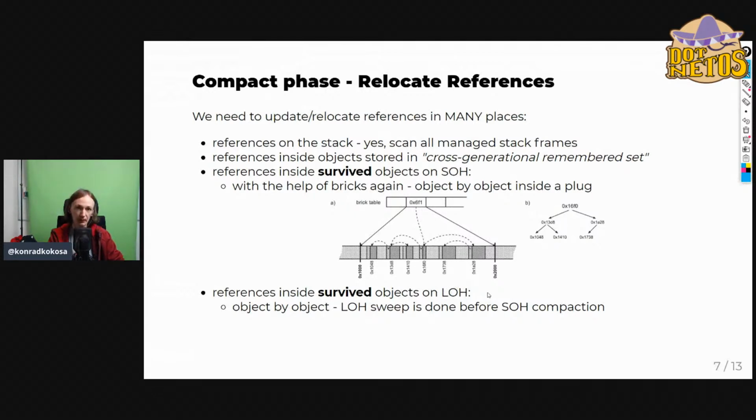We don't have plug information on large object heap, so simply object by object scanning is happening. Something very similar like here. We are just scanning object by object on large object heap, checking whether there are outgoing references in every particular object and updating those outgoing references.